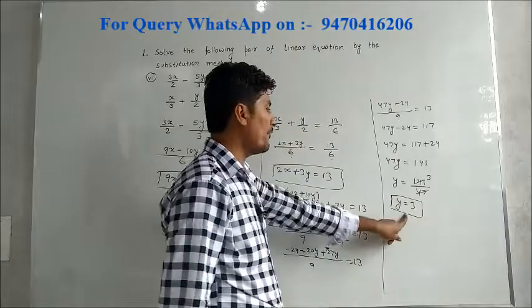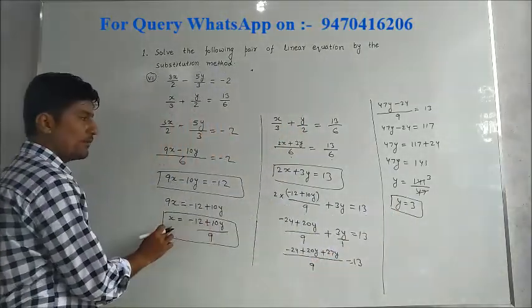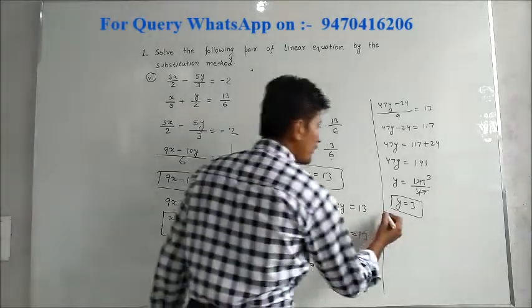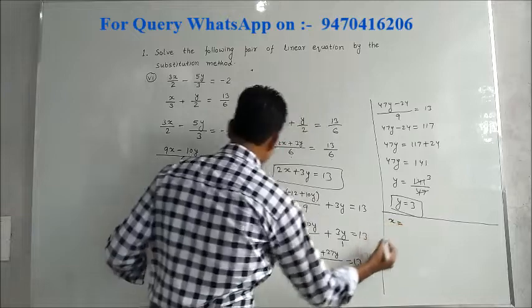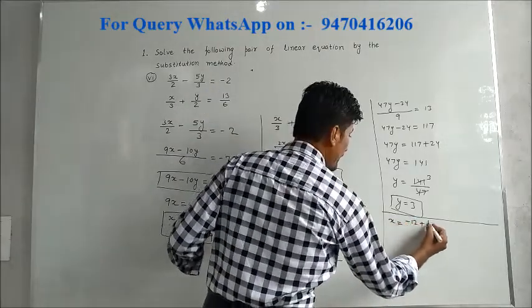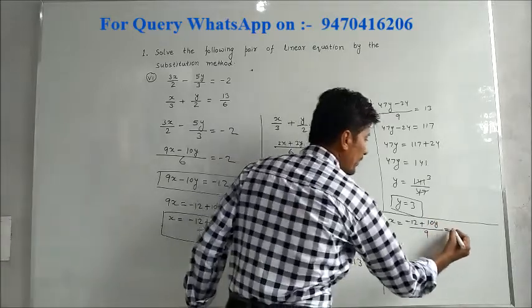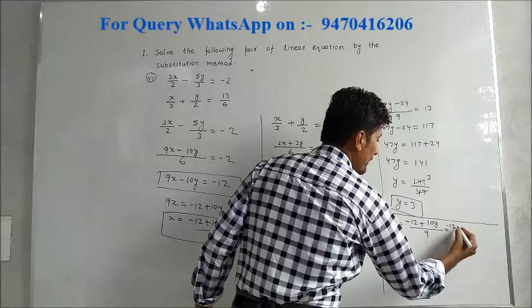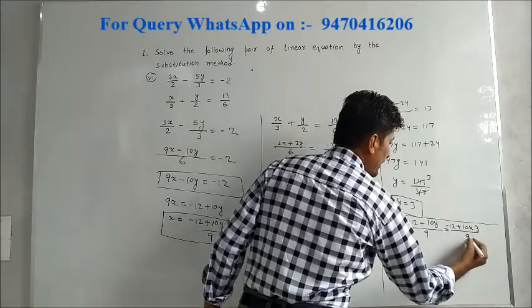After getting the value of y, now we can put this value of y here to get the value of x. So let us see how to get the value of x. As we know, x equals (minus 12 plus 10y) divided by 9. So minus 12 will be as it is, no change, plus 10 into the value of y, which is 3, divided by 9.